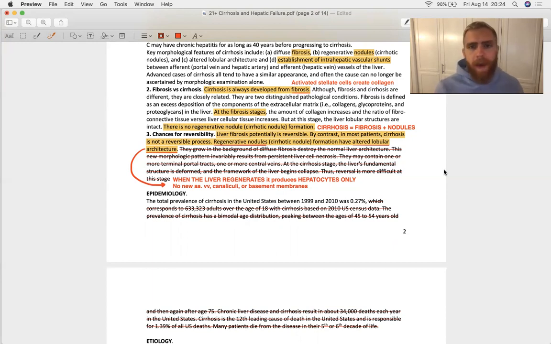You're just going to see hepatocytes encased inside a globe of fibrous connective tissue. And it's the stellate cell that particularly lays down the collagen that over time stacks up to the point where it's considered cirrhosis.